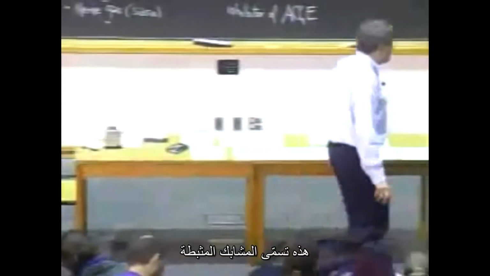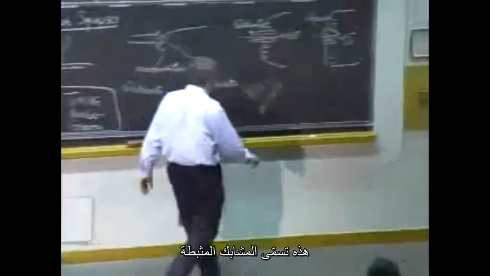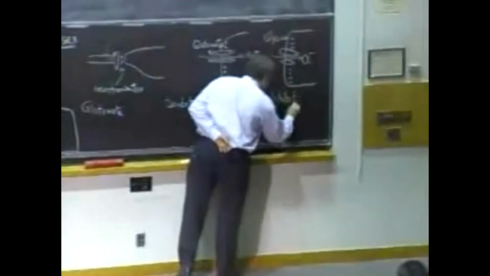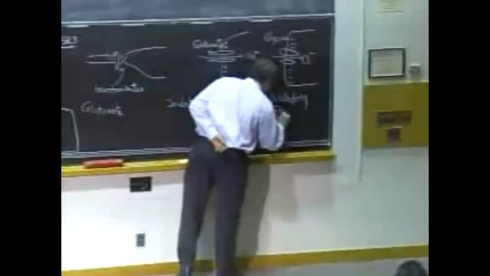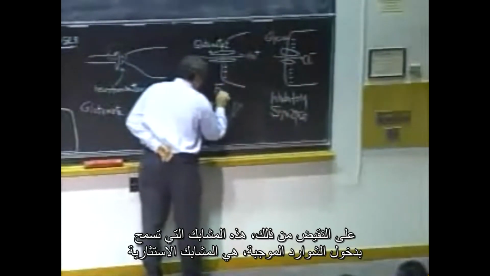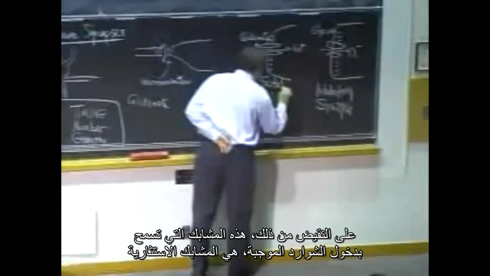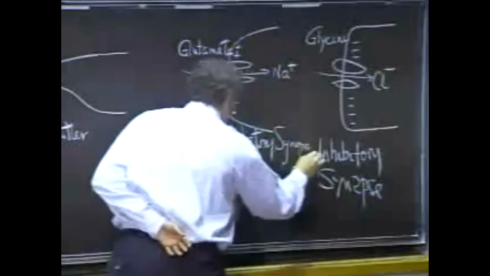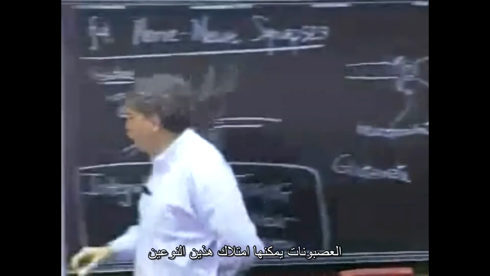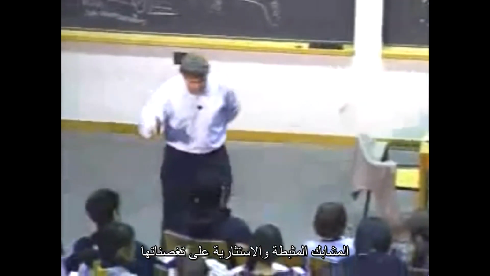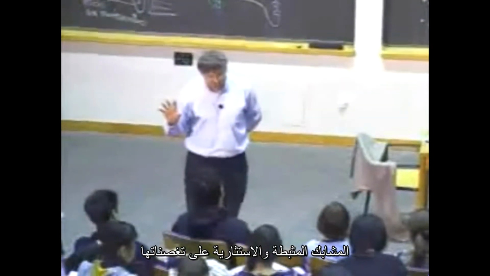These are called inhibitory synapses. By contrast, those that let in positive ions are excitatory synapses. Neurons can have both inhibitory and excitatory synapses on their dendrites.